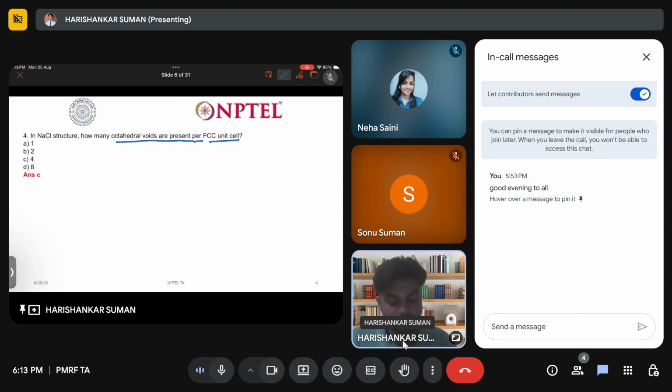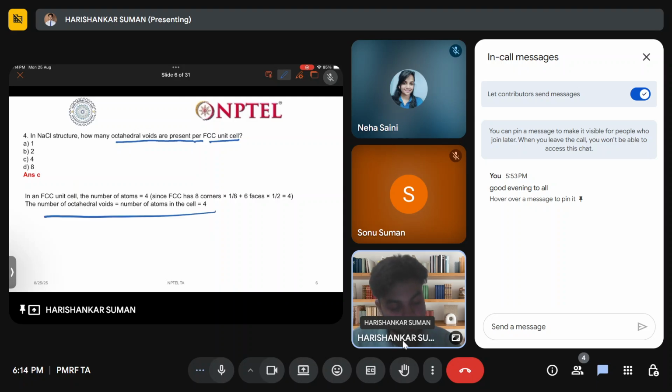Answer will be C. Since we know in an FCC unit cell the number of atoms is 4, as we have seen in the first slide, the number of octahedral holes will be equal to the number of atoms. We know this is the relation: if n is the number of atoms, then n is the number of octahedral holes.